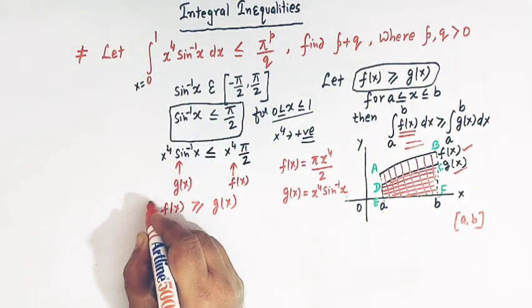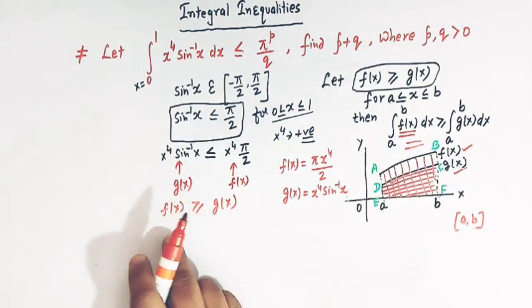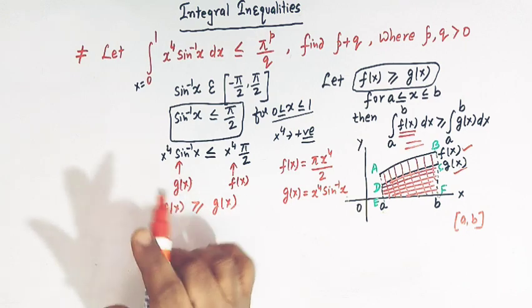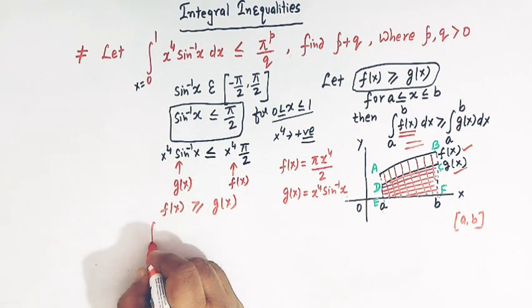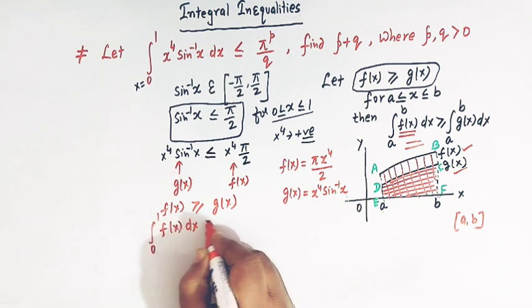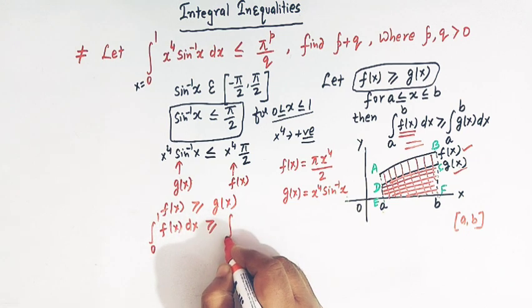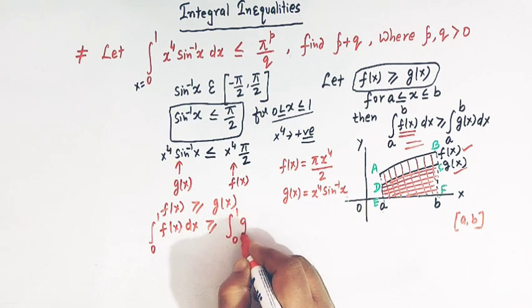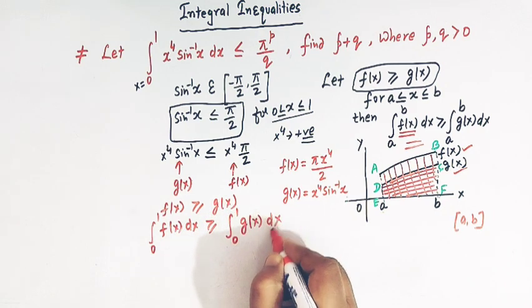Taking the integral of these two functions from 0 to 1, we have the integral from 0 to 1 of f of x dx greater than or equal to the integral from 0 to 1 of g of x dx.